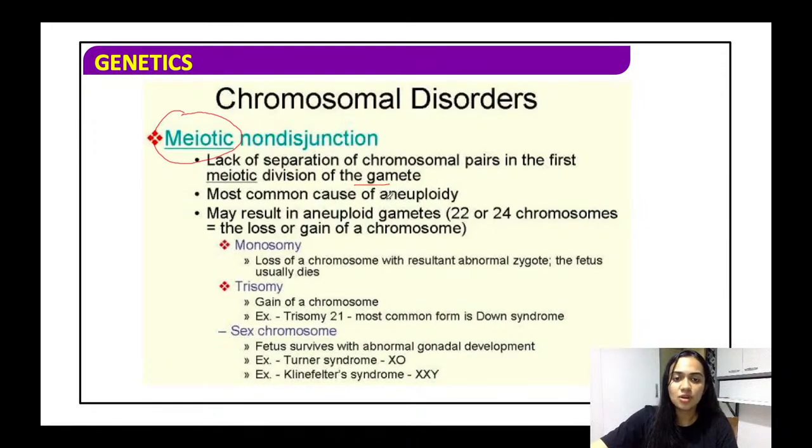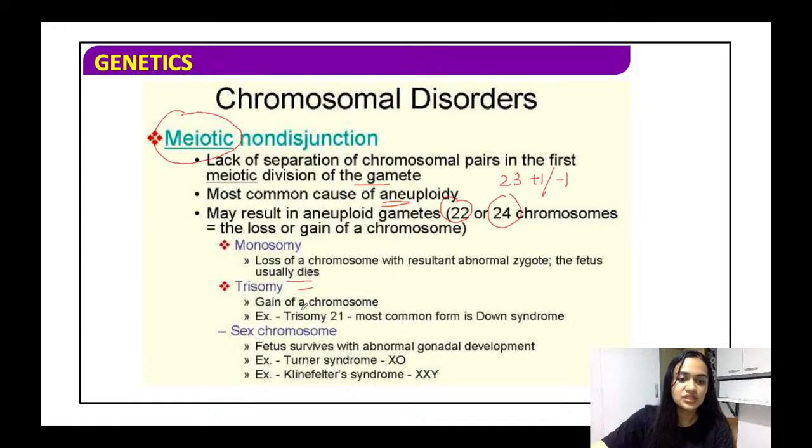And it is the most common type of aneuploidy, and this results in the aneuploidy of 22 and 24, यानी कि 23 +1 और -1 chromosomes. All right, so monosomy, it is basically the loss, with resultant abnormal zygote or the fetus usually dies.